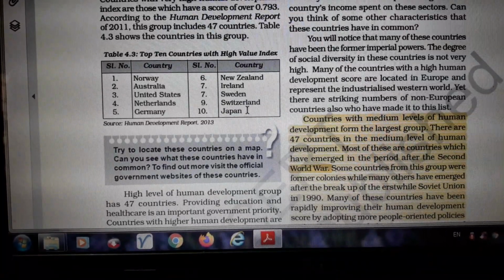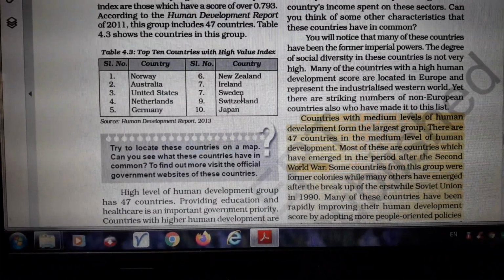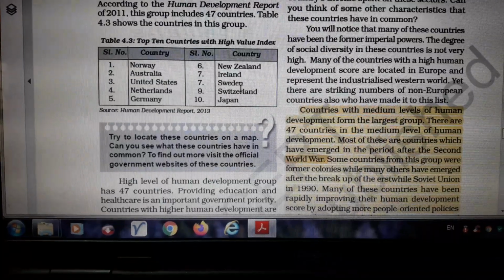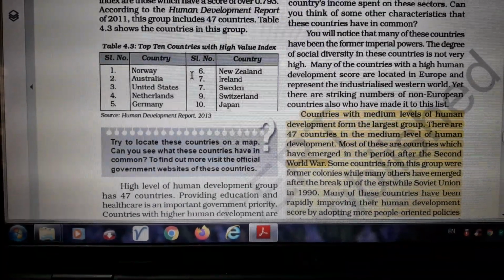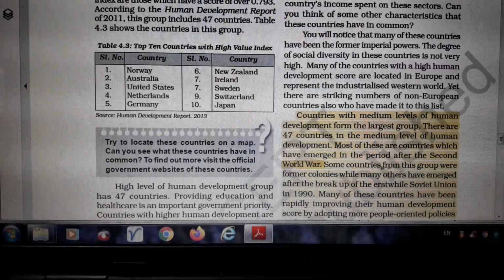These countries spend more money on education and health care. That is why they are healthy, sound in mind, and their per capita income is very high. So these top 10 countries come under very high human development.